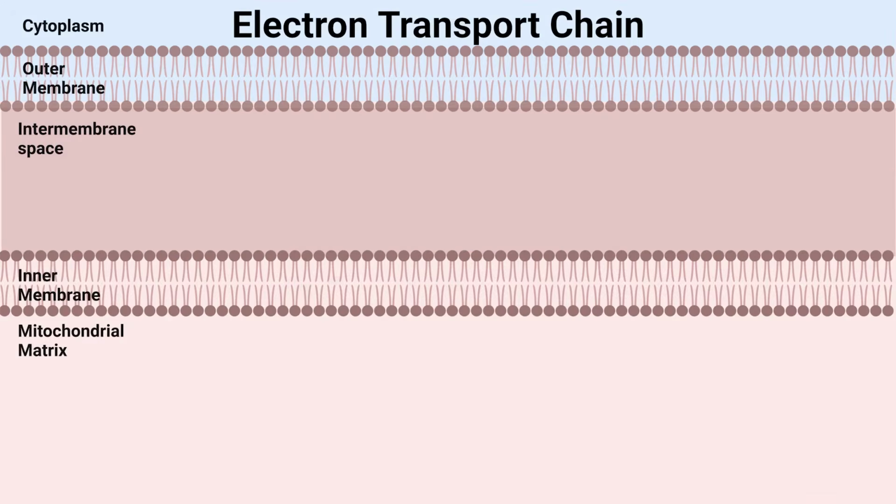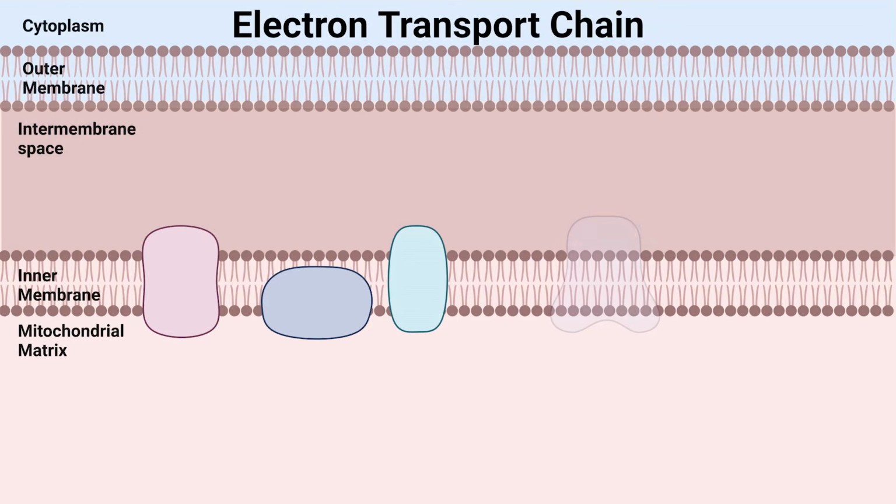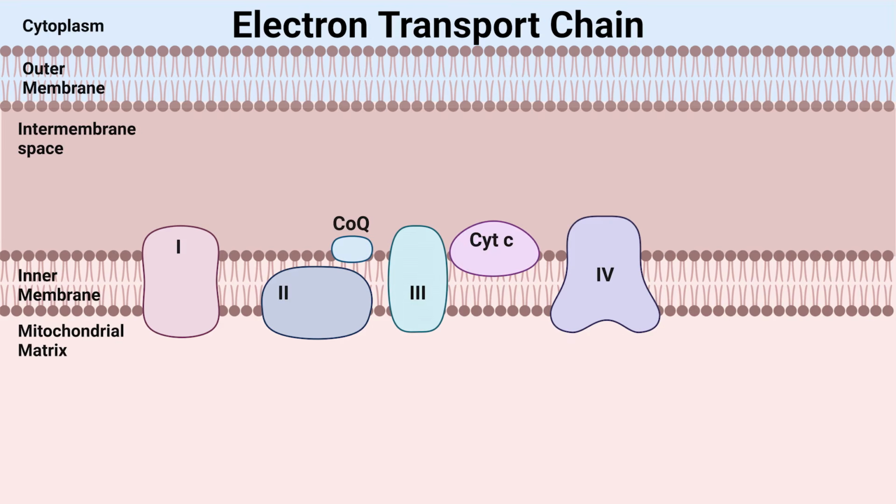In fact, these protein complexes are what we refer to when we talk about the electron transport chain. Now, as it turns out, there are 4 of them, and for convenience, we just simply label them numbers 1, 2, 3, and 4. But it's important to appreciate that they are functionally linked by electron shuttles, which are able to transfer electrons from one complex to another.